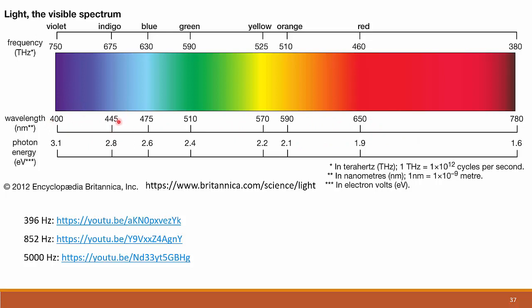If I'm buying a light bulb, I can buy it based on these numbers. Alternatively, I can use the frequency. I can say, I would like a 675 terahertz light. That would be indigo. Or if I say 525 terahertz, that would be yellow, and so on.